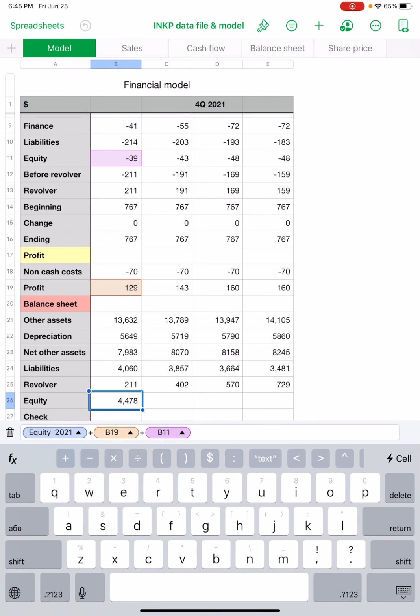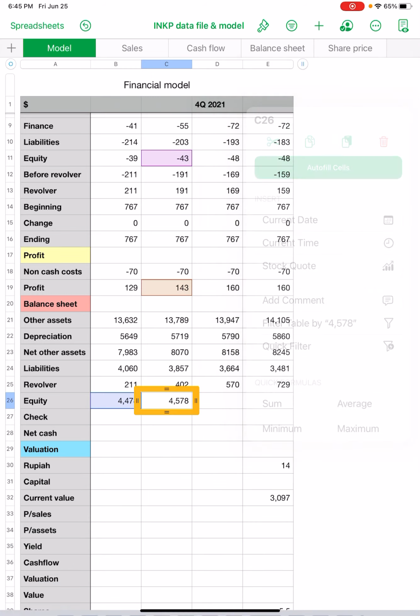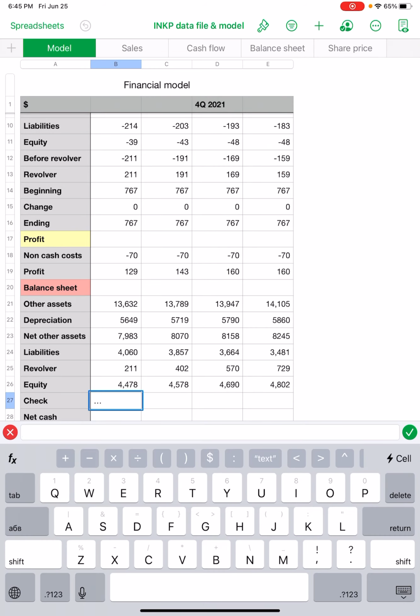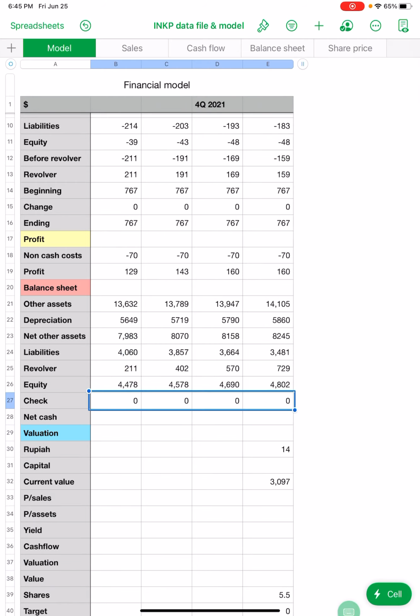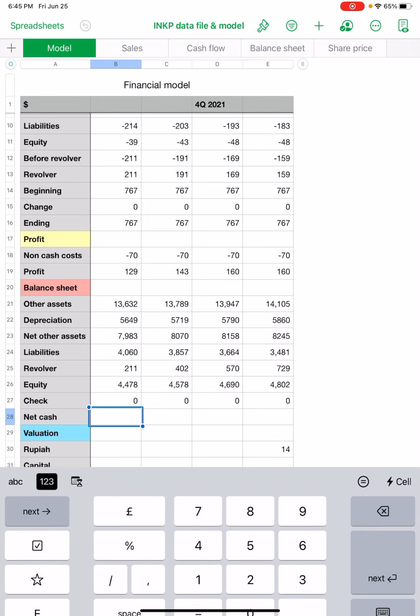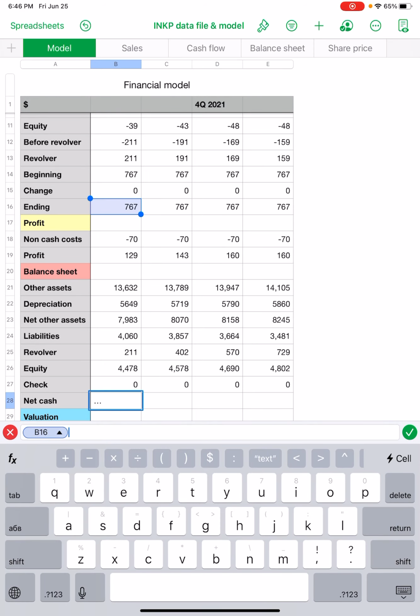And next one is the same, and we can drag that across. And let's check, does it balance? Liabilities, revolver and equity, minus the cash, minus the net other assets. It balances, okay. And then the net cash is going to be the cash minus the liabilities, minus the revolver.